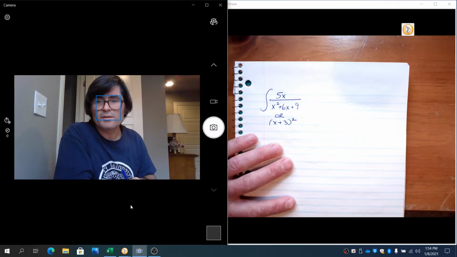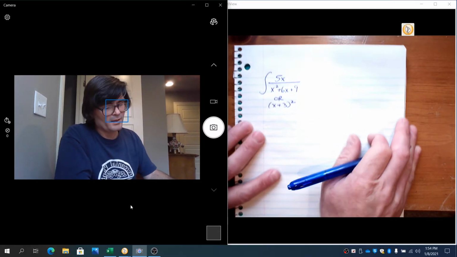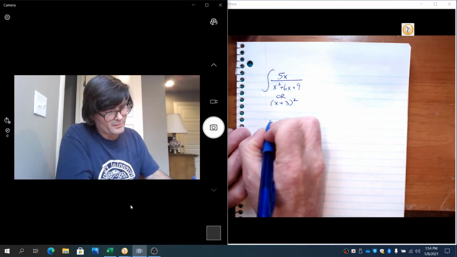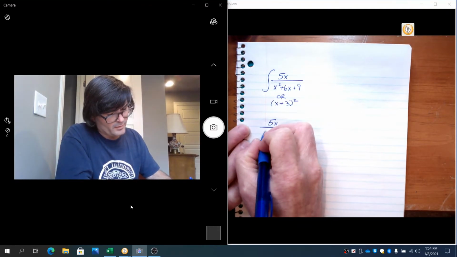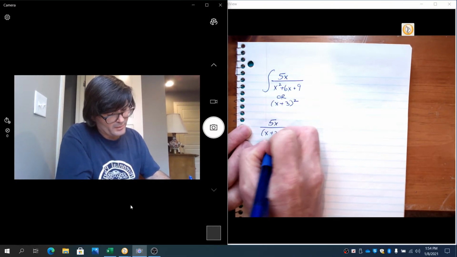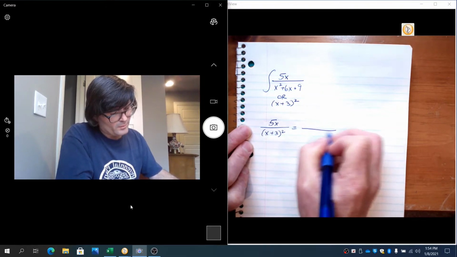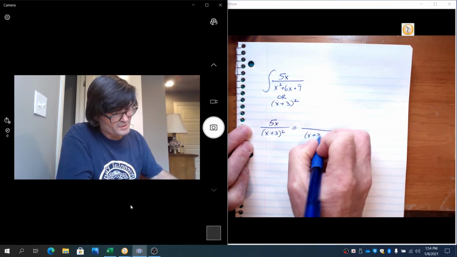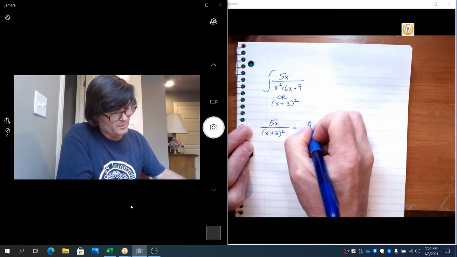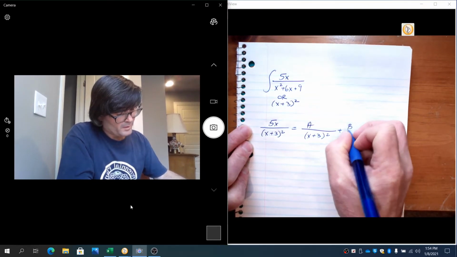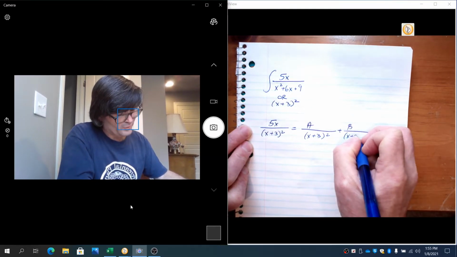So the way that you deal with a repeated linear factor is you start out like normal. I'll just do A over (x plus 3) squared, but then you do B over (x plus 3) squared, and then you do an x plus 3 to the first.